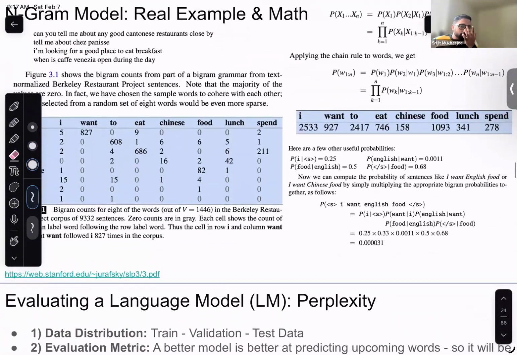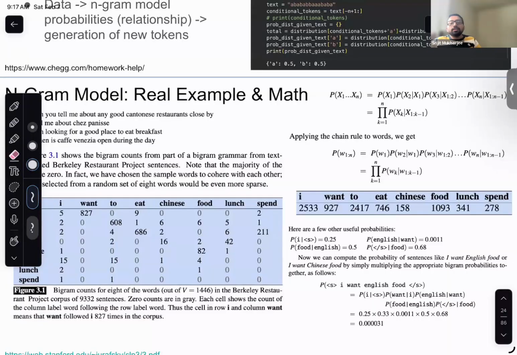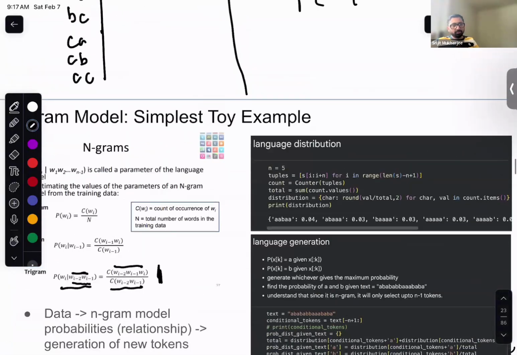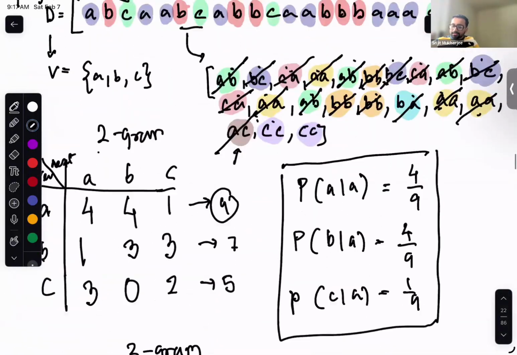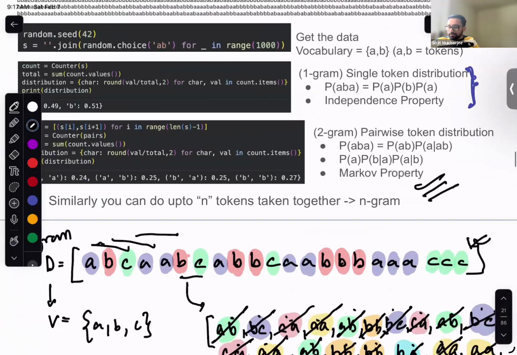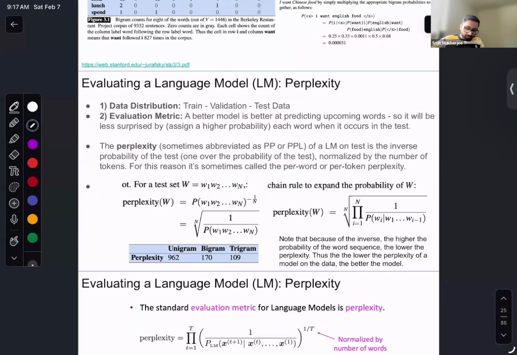So I will leave this to you. If you want to learn information theory and probability distribution, this is very important. Understanding conditional probability is very important. Because the n-gram modeling here is nothing but simple conditional probability. That's not the goal of this discussion today, but these notes are available for you.